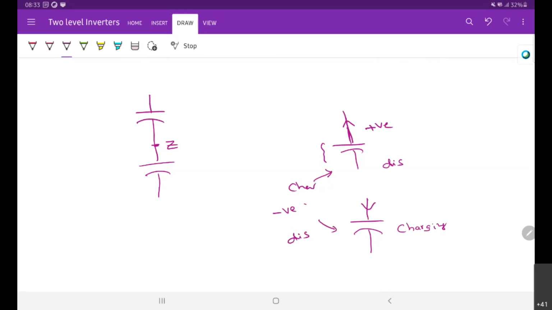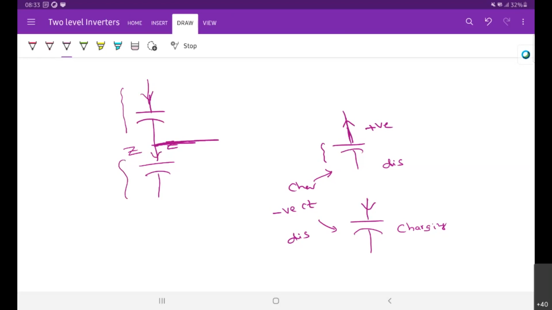So this is Z, and depending on the conduction of each clamping diode, the current is either flowing into this capacitor or away from it. So these capacitor voltages are charging and discharging, depending on the load current direction.